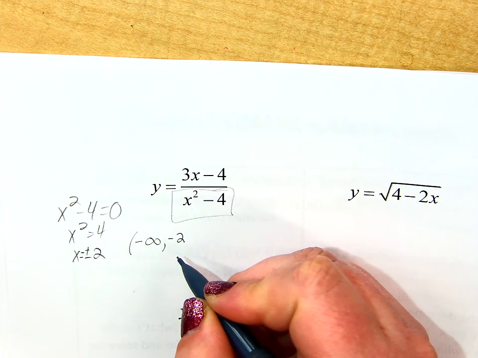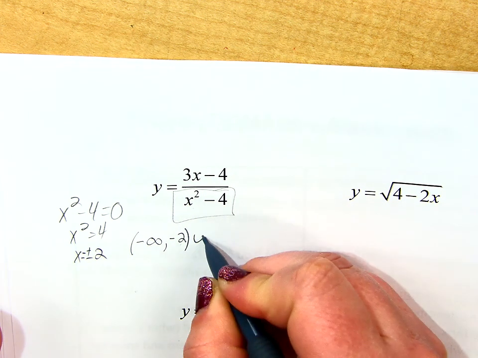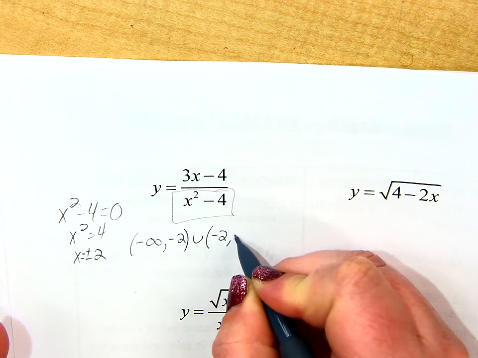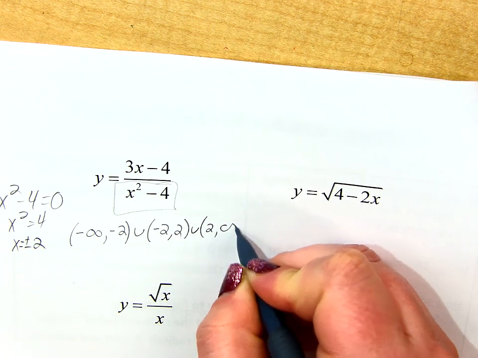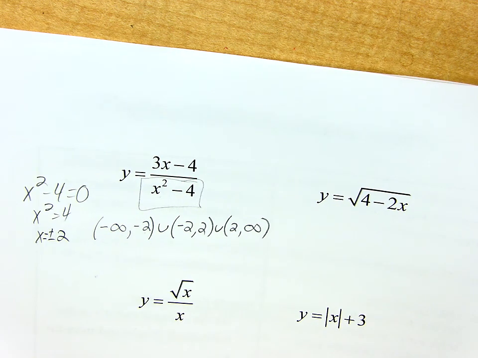So I can go from negative infinity to negative 2, and then I can go from negative 2 to where? Positive 2, and then I can go from positive 2 to infinity. Does that kind of make sense? I can have everything else, but I can't have those two. I can't have negative 2, and I can't have positive 2. So that's how I kind of have to break it up.